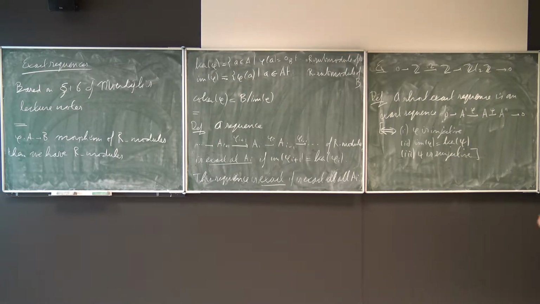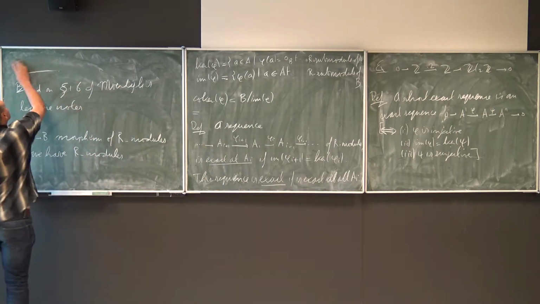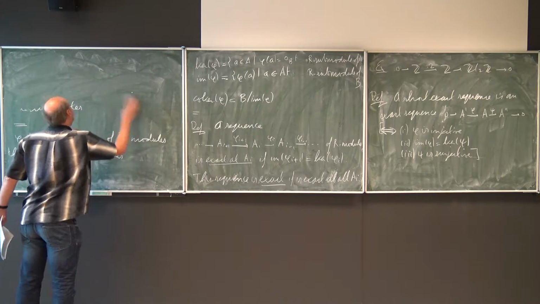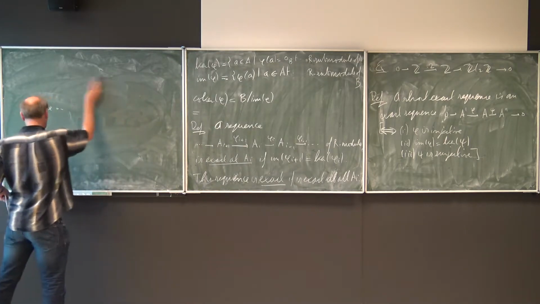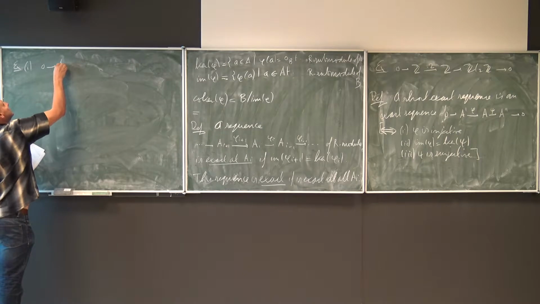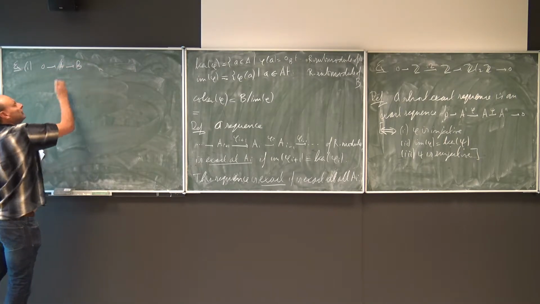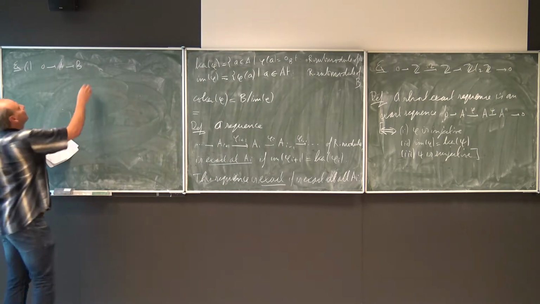Okay, so there are 2 more very short cases that one looks at. Okay, so example, if I just look at 0 goes to A, goes to B, so this is an even shorter sequence than the short exact sequence.